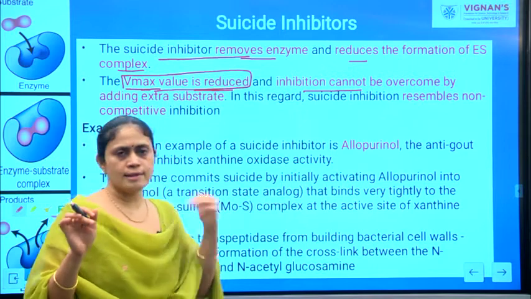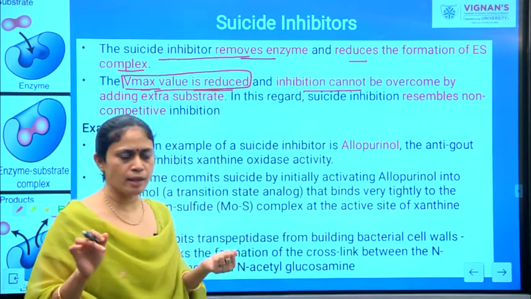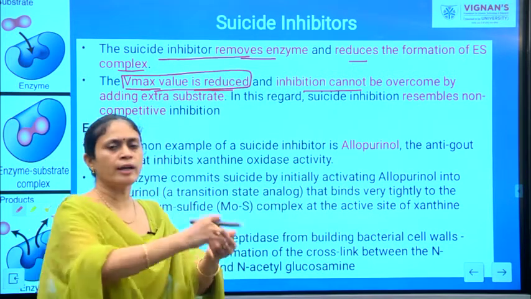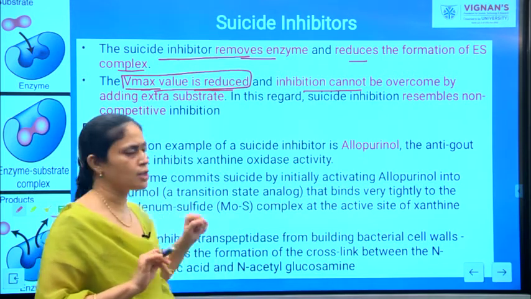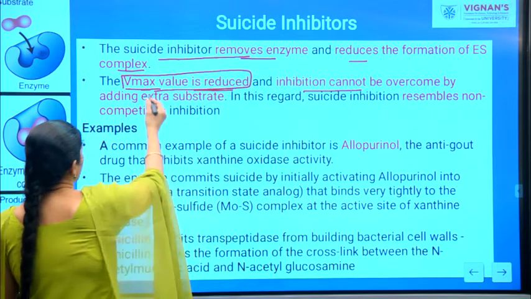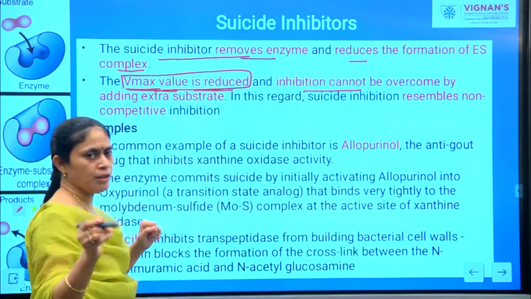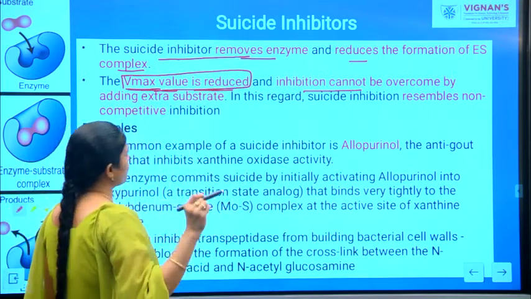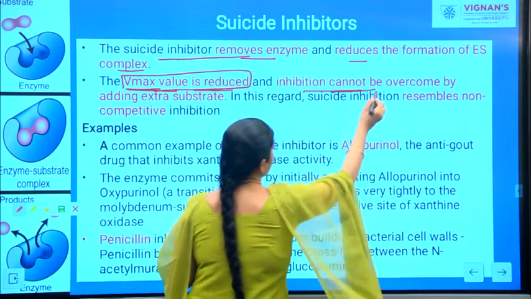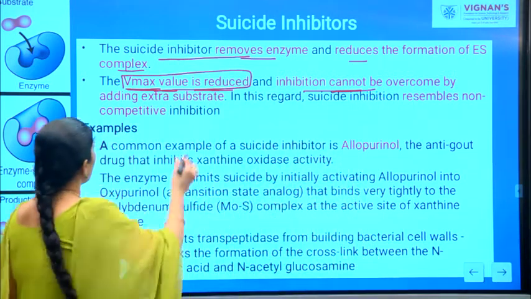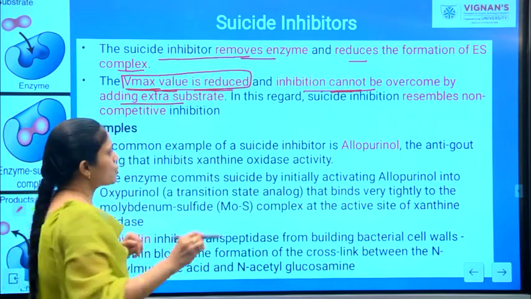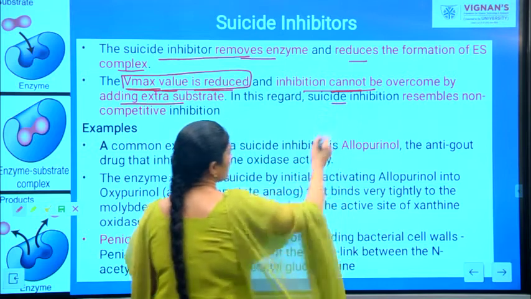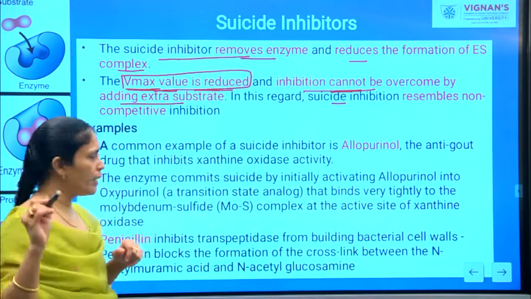So, as the enzyme is completely inactivated, even though you increase the concentration of the substrate, there won't be any effect on the reaction. So, in this suicide inhibition, Vmax will definitely be reduced and inhibition cannot be overcome by adding extra substrate. In this regard, suicide inhibition resembles the non-competitive inhibition.